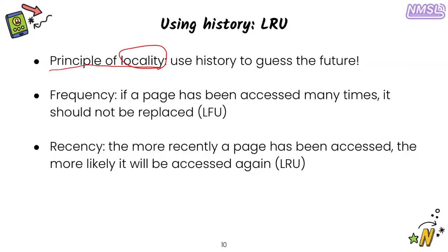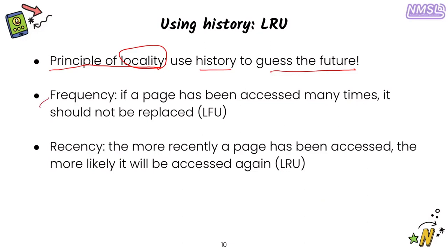So we're using history to guess the future. It's hard to know the future. So when we have to guess the future, we typically rely on historical data. People who have done well tend to do well in the future as well, or you see some trends. So there are 2 types of locality we can utilize.